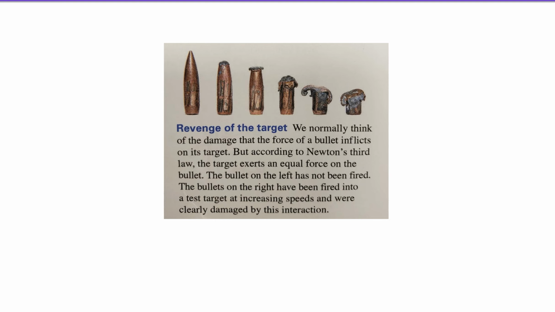And so clearly, as we increase the speed of the bullet towards the same target, the target is inflicting more and more damage. So, of course, the bullet would be inflicting more and more damage on the target as well. That's the action-reaction pair, the bullet and the target, okay? They are exerting an equal force in opposite directions on each other, action-reaction pair.